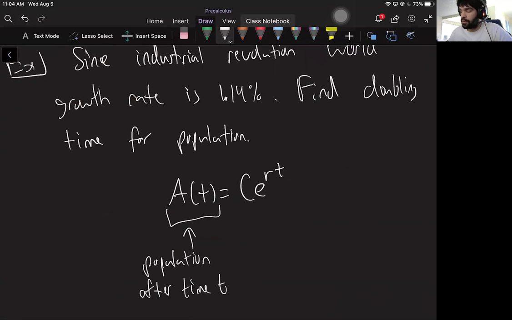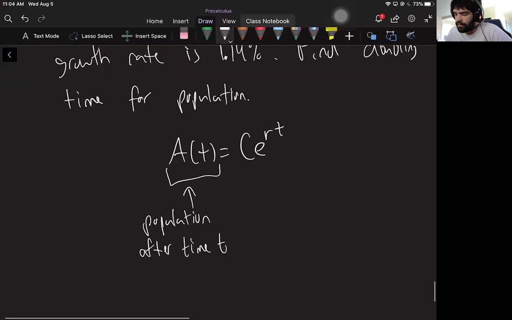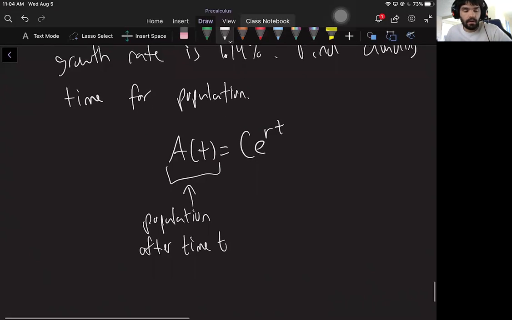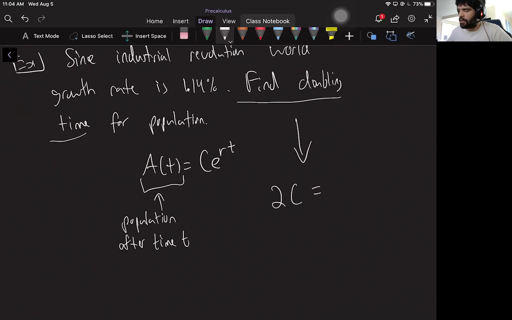But it still grows or decays in the same way as bacteria or radioactive isotopes do. If I want to find the doubling time, I want to set the amount to be double the initial, which means 2 times c. Then I want to figure out what the time is, but I don't know r, so I can't do that yet.